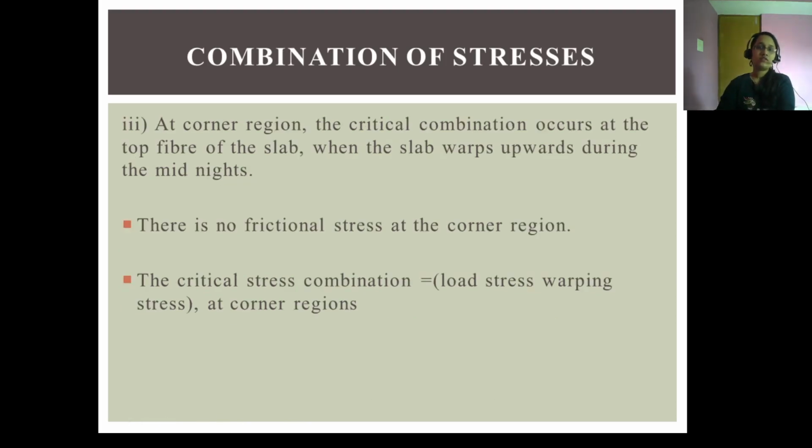Next, at the corner region, the critical combination occurs at the top fiber of the slab when the slab warps upwards during the midnight. There is no frictional stress at the corner region. So the critical stress combination will be the load stress plus the warping stress at the corner regions.